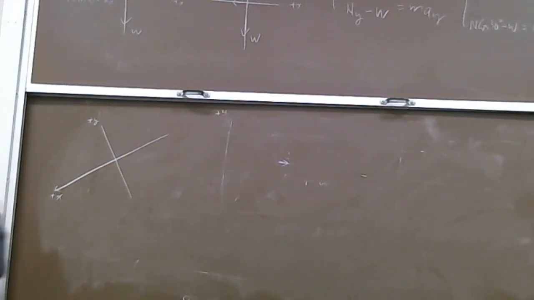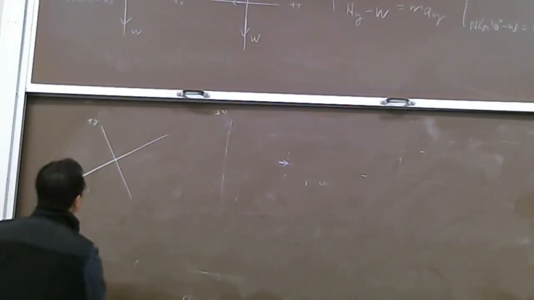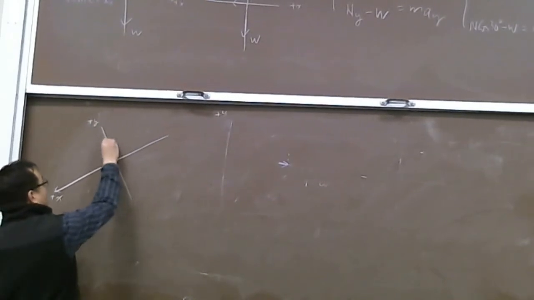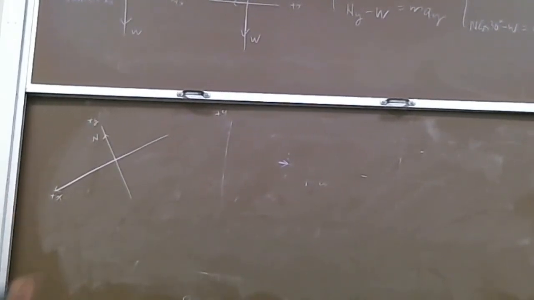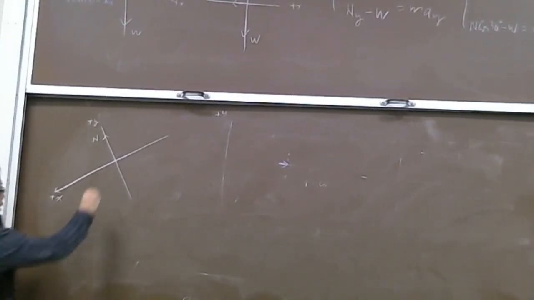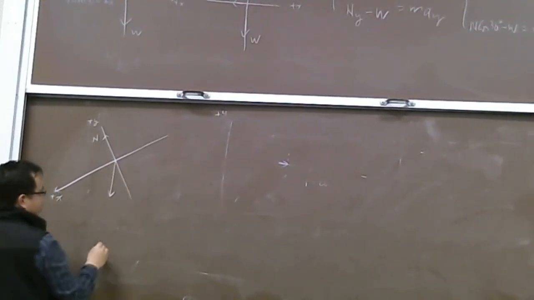Now, in those coordinates, the normal force N is along the y direction, right? It's perpendicular to the x direction. And the weight W is downward.